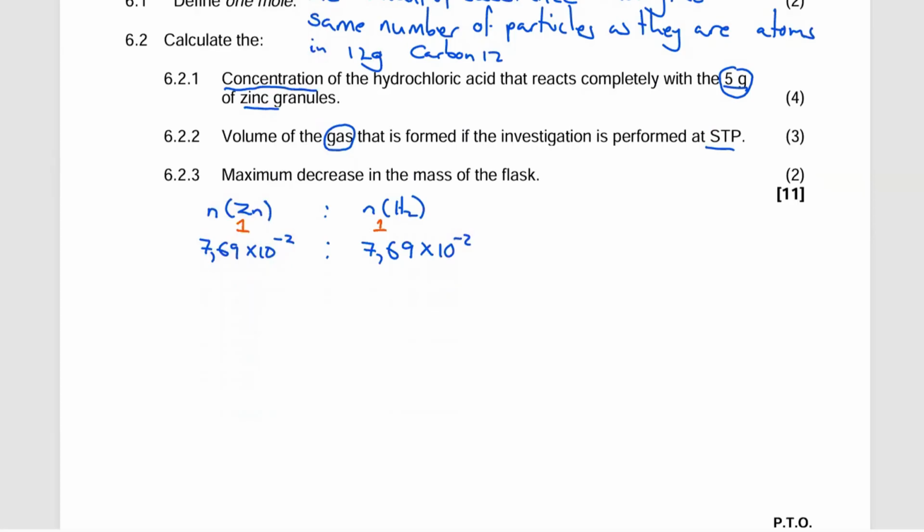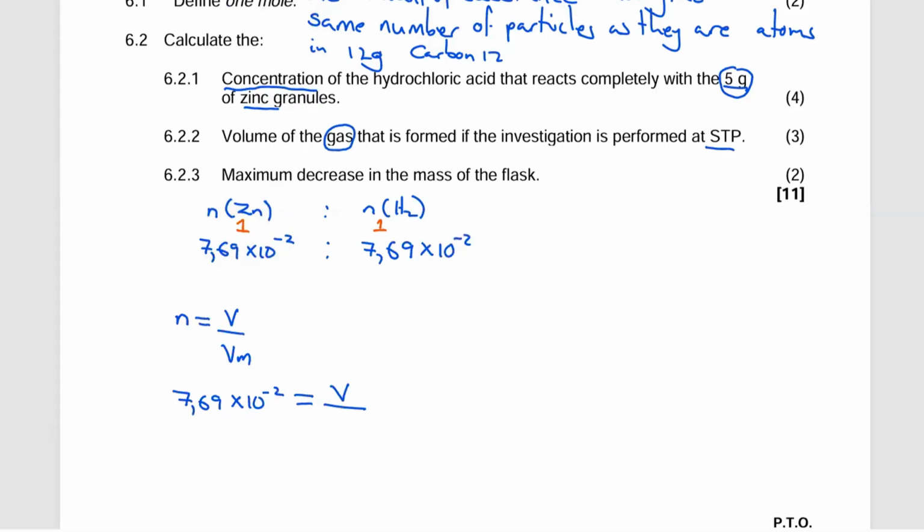Then after that, since we've been asked the volume of the gas, the number of moles is equivalent to V all over Vm, right? So the number of moles that we're given here, 7,69 times 10 negative 2, is equivalent to the volume, which we've been asked to calculate, all over Vm.